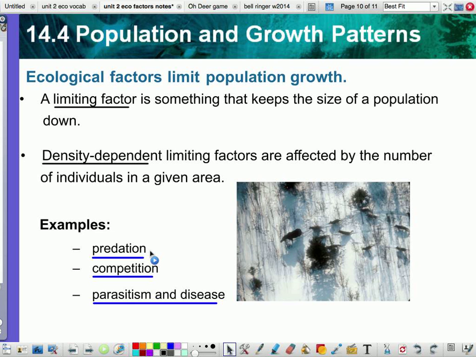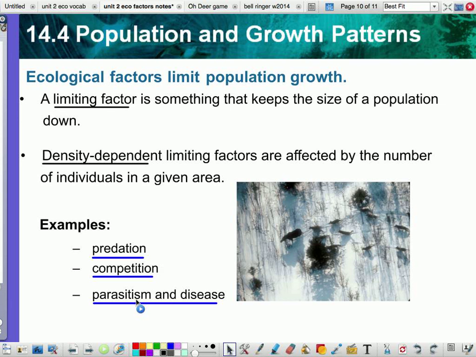Like predators, like we had in our game today. The wolf population came in and directly impacted that population, and they were dependent on the density of that population. Competition: when your density is up, you've got more competition for your resources, and eventually your resources are going to get used up, and then you go into a real competition situation. So competition is a limiting factor from within that population.